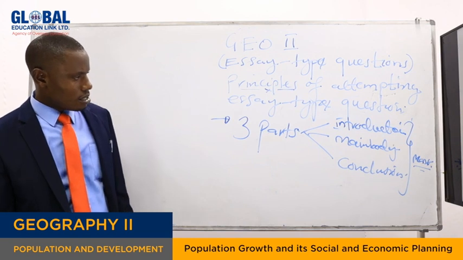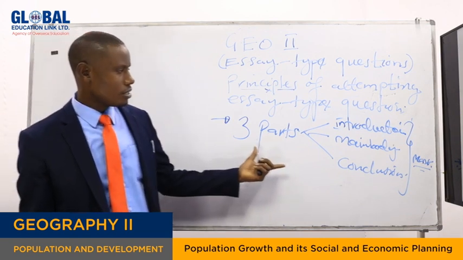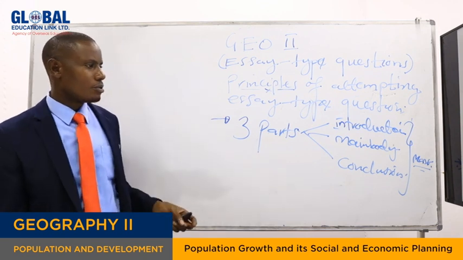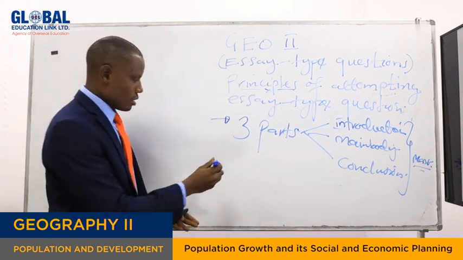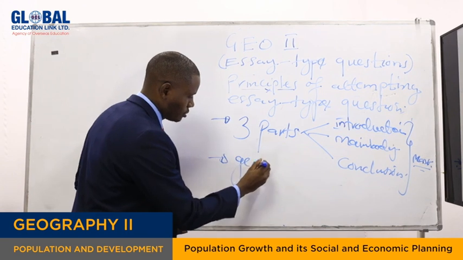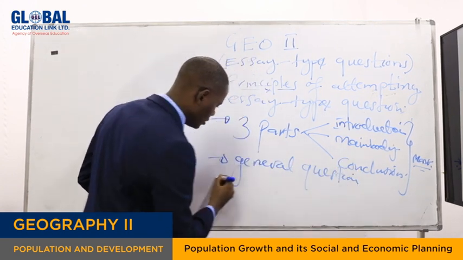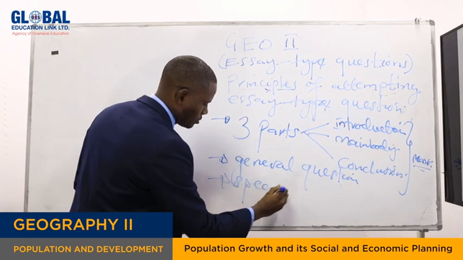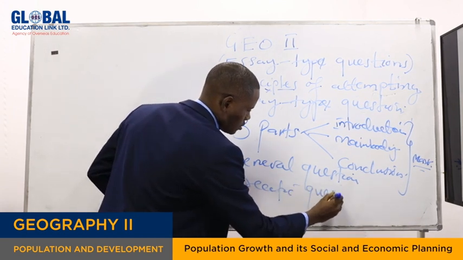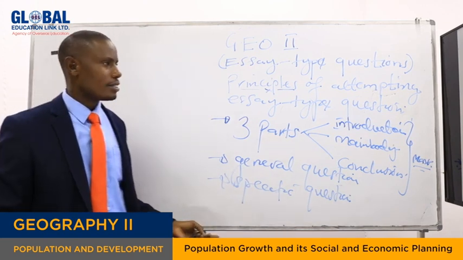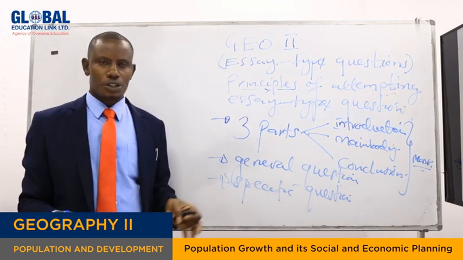Again, another thing you should consider when dealing with essay type questions, specifically for Geography Paper 2, is the issue of general questions. We have general questions, but again, we have specific questions. A general question is one that cuts across and is not limiting anything.